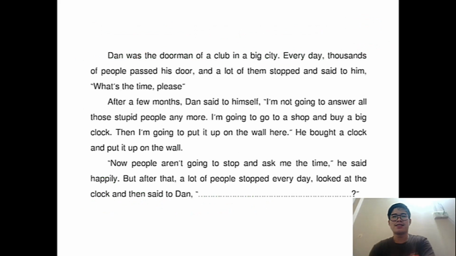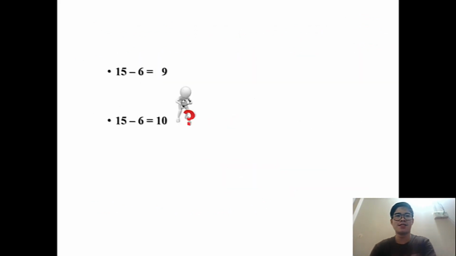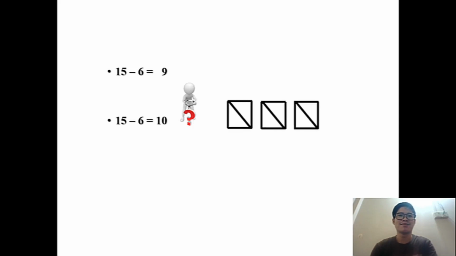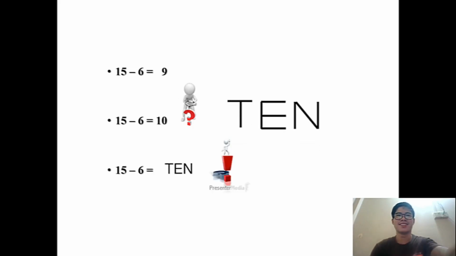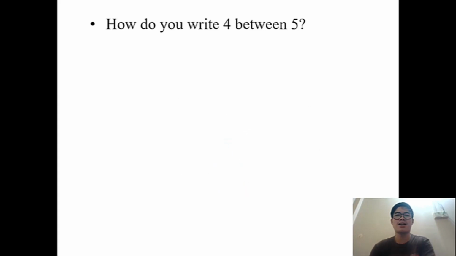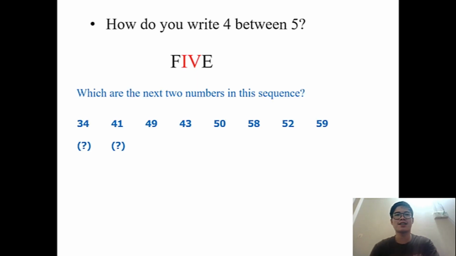The next is, is that clock right? 15 minus 6 equals 10. Okay, the answer. How do you write 4 between 5? Which are the next 2 numbers in the sequence?